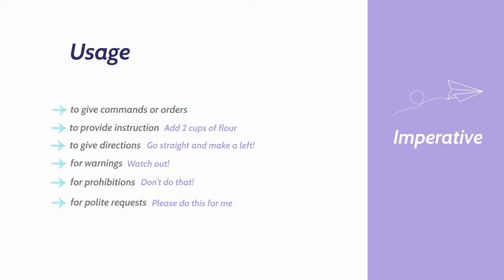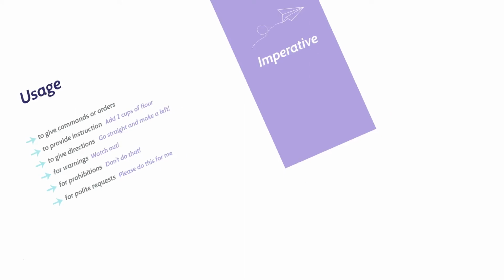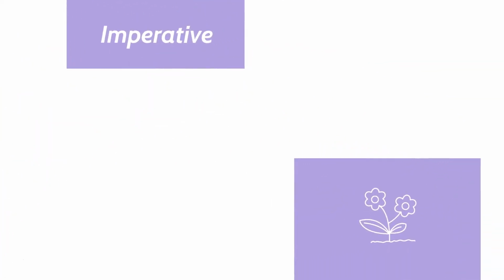I think we are ready to begin. Let's learn. Imperative can be used only for second person singular, ti, second person plural, vi, and first person plural, mi.